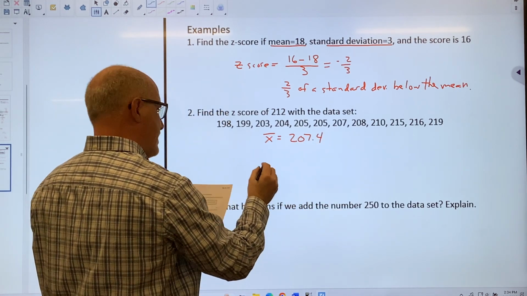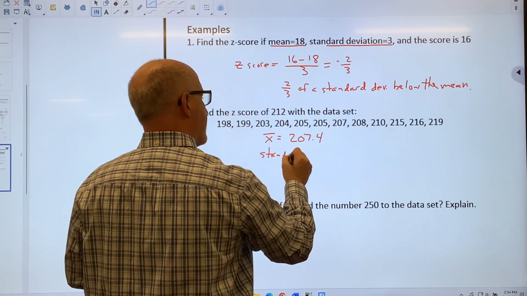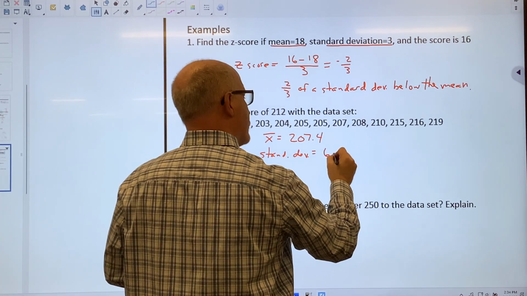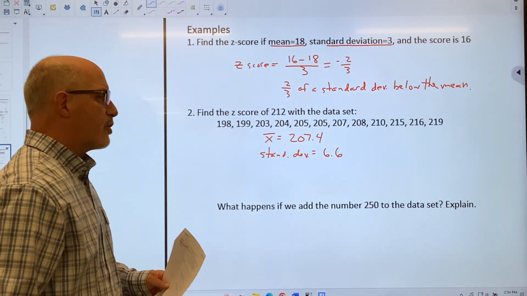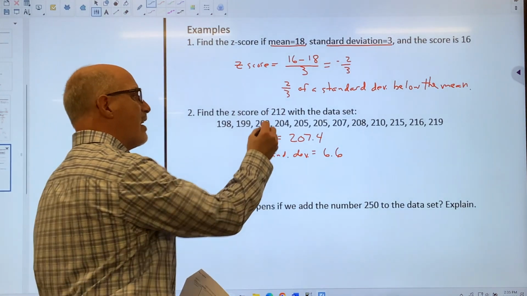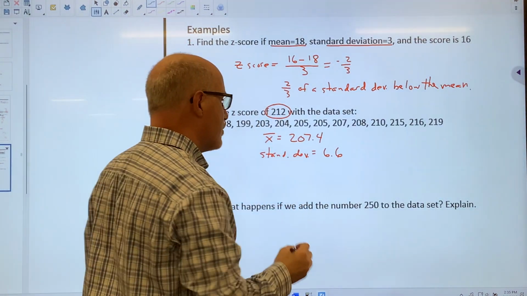And that the standard deviation is equal to 6.6. So now we got the mean and standard deviation from the calculator. We can now find the z-score that's associated with this data point, 212.